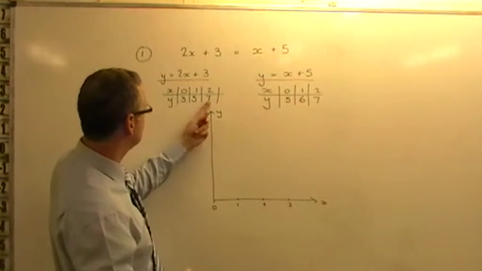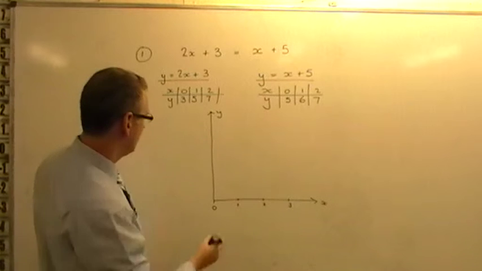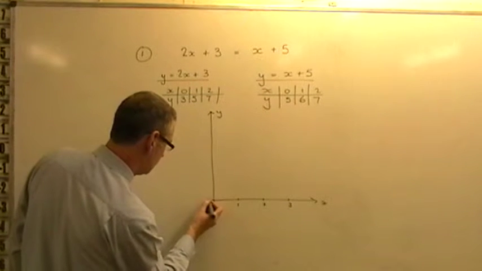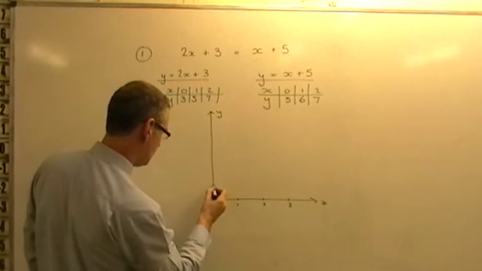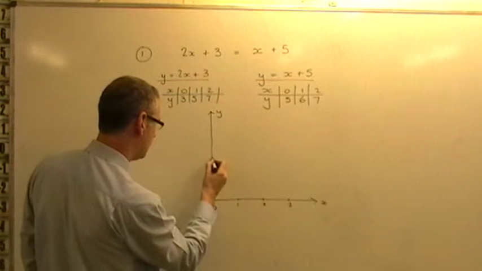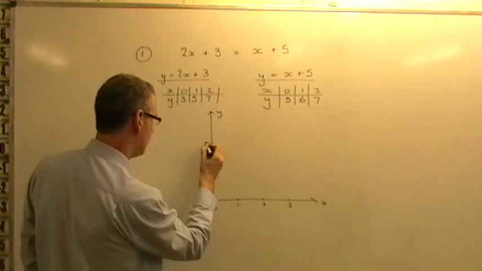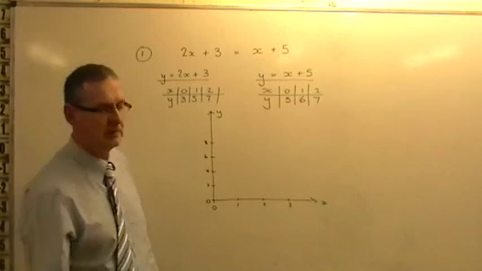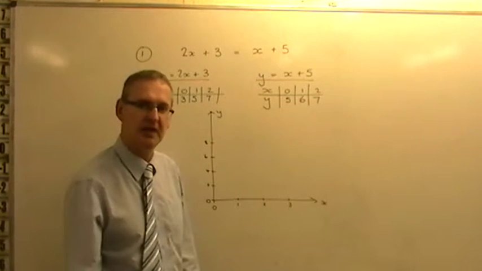And the y values, I need to go up to 7, so I'm going to change the scale a little bit, and I'm going to go up in 2s like this. 2, 4, 6 and 8.